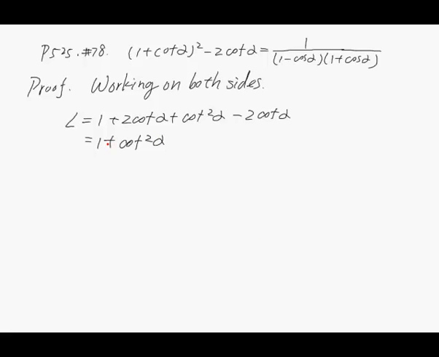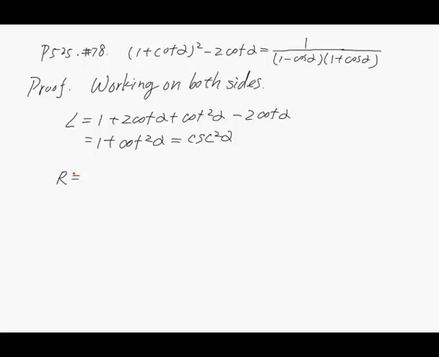All right? Then what is this? 1 plus cotangent square equals what? Secant or cosecant square? Cosecant, right? So cosecant square of alpha. Okay, so now we just stop here for the left side, then let's work on the right side.